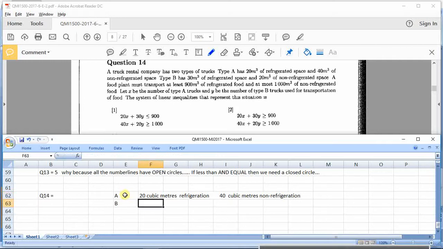Type B has 30 and 20. It's a smaller vehicle.